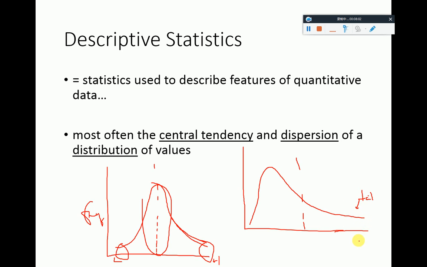That means there are fewer cases on this side, whereas there are way more cases on this side. So if we designate this the low score and this the high score, then this distribution is most likely for a very difficult examination, where most people scored very low, and only a handful of people have high scores.